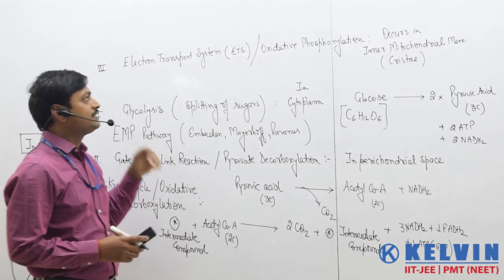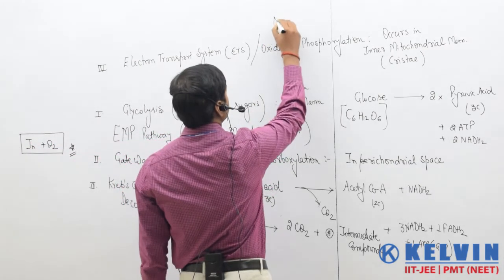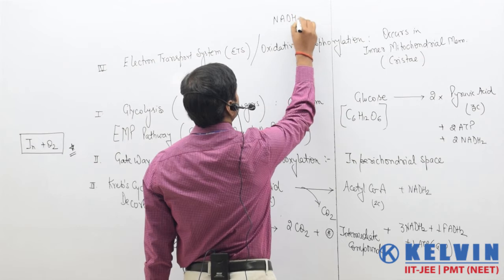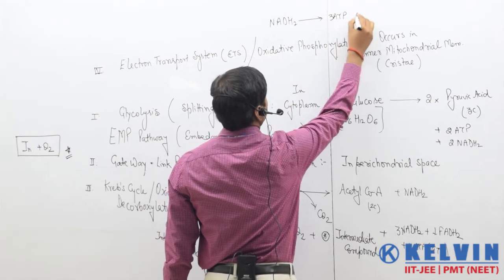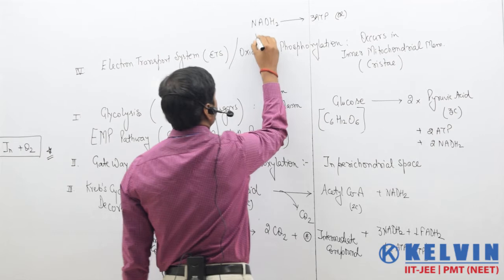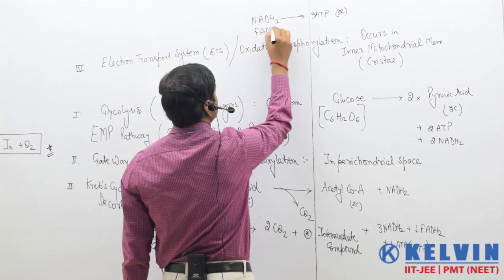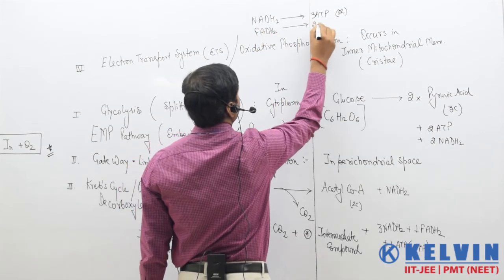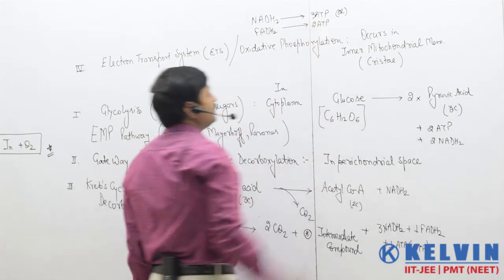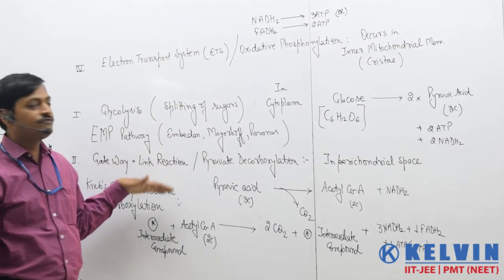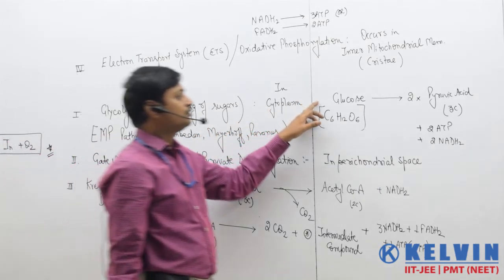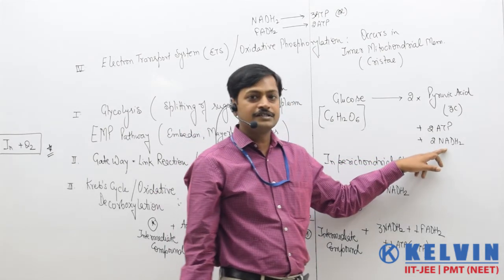And the purpose of ETS is the conversion of NADH2 into 3 ATP or FADH2 into 2 ATP. So the FADH2 or NADH2 which are formed during these 3 steps, 1st, 2nd and 3rd: from 1 glucose we have 2 NADH2 in glycolysis.